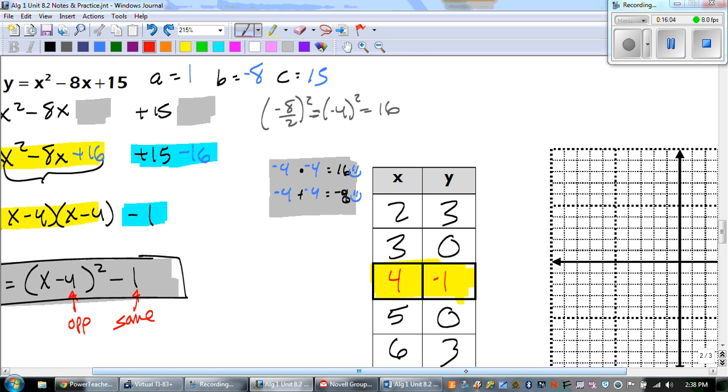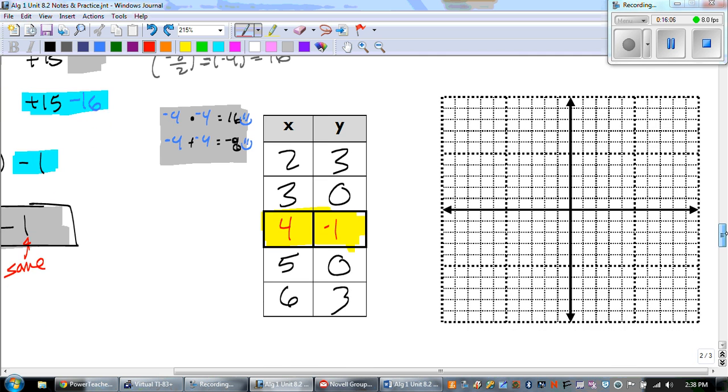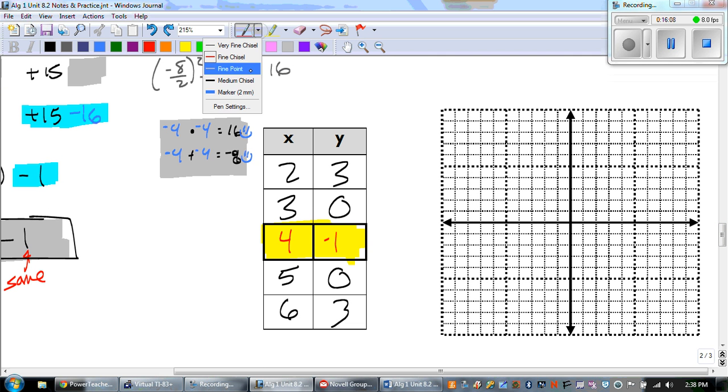All right, and the last thing we need to do is to draw our graph. I'm gonna zoom in a little bit. 4, -1, there I am. And then I'm gonna draw my axis of symmetry. Hopefully my computer will be a little bit more cooperative and help me draw a straight line.